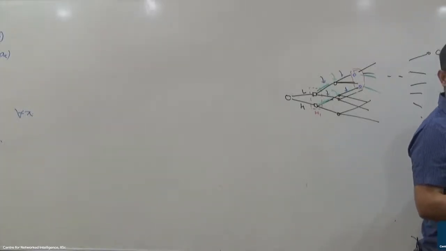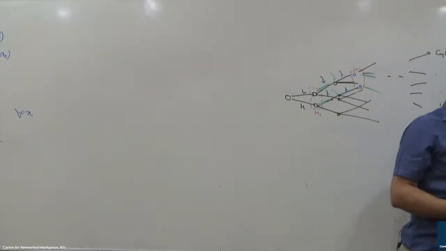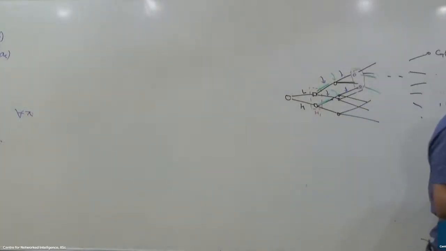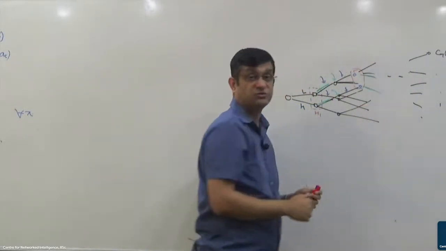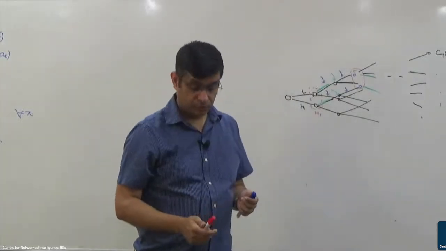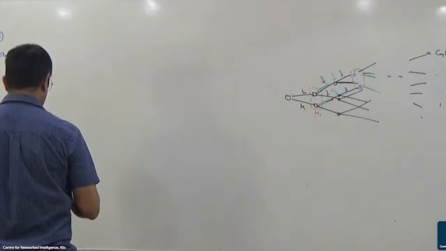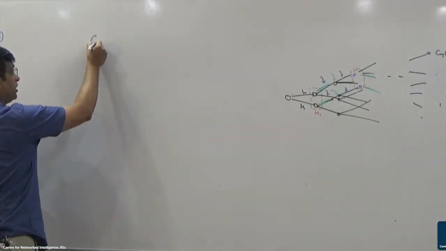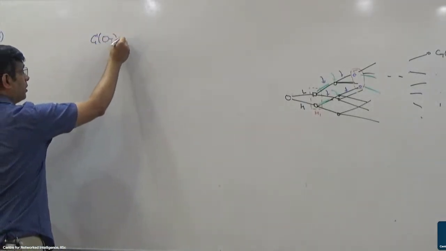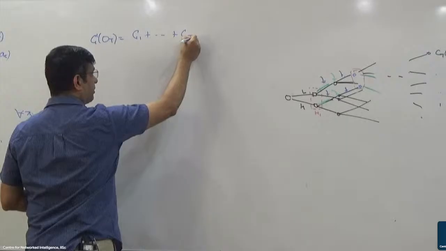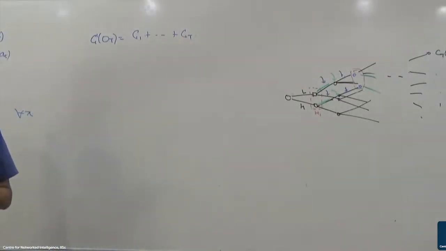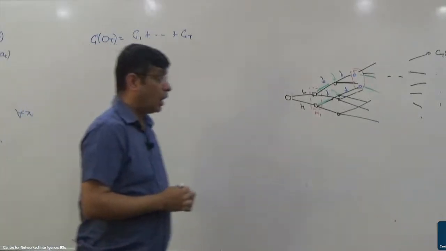So, I can say the cost at time t, if I think about it formally, is a random variable which is measurable with respect to everything that has happened until this time. So, let us consider the case when C of the outcome was equal to C1 till C capital T. How does my DP change?